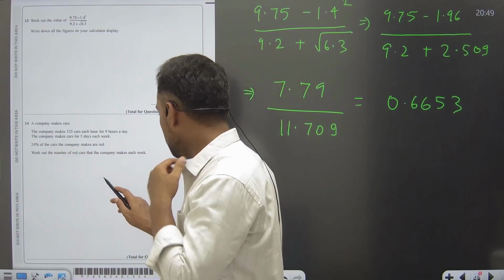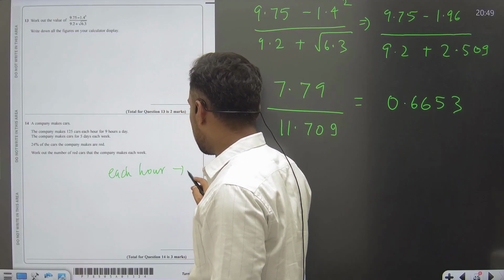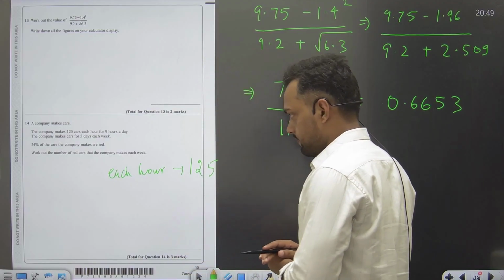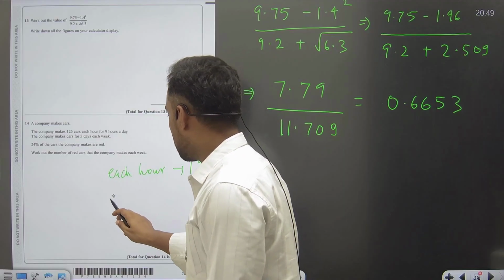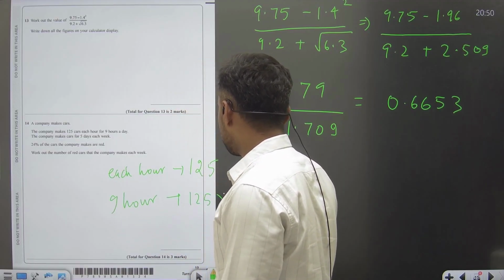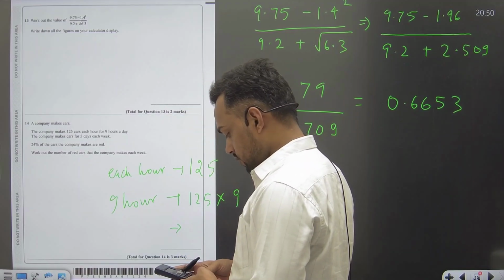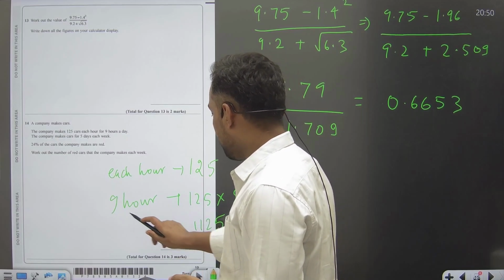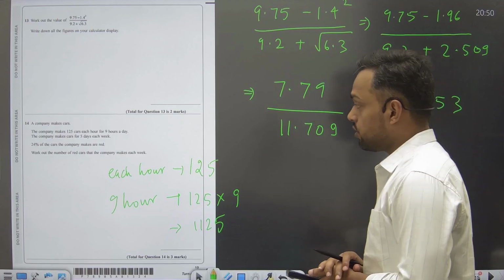Okay, in each hour, 125 cars are getting manufactured. So for 9 hours, what will be the value? It will be 125 cross of 9. So 125 cross of 9 will be equal to 1125. So for 9 hours, this company is manufacturing 1125 cars.